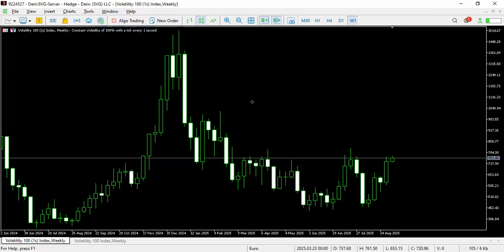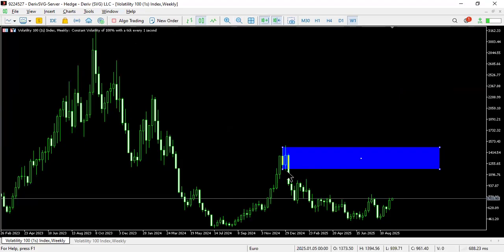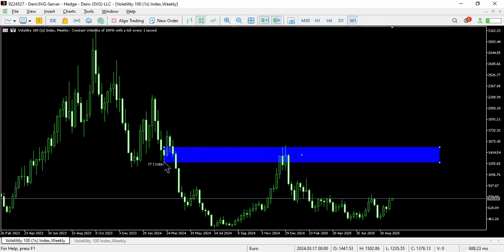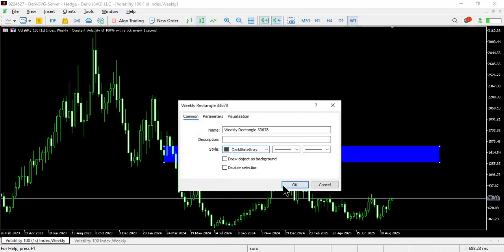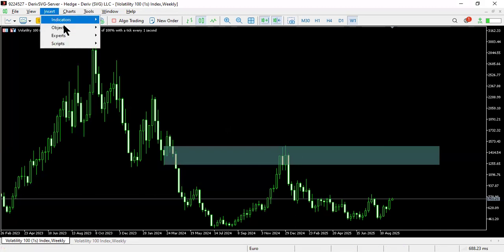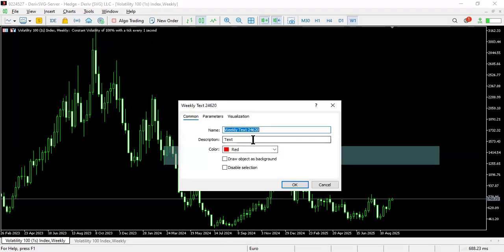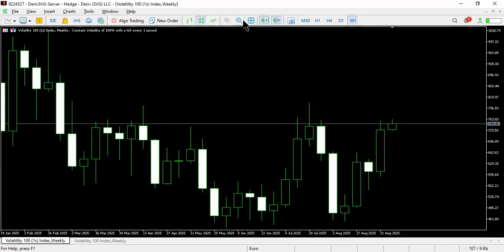We start by marking our supply and demand zones. So that is the supply zone.